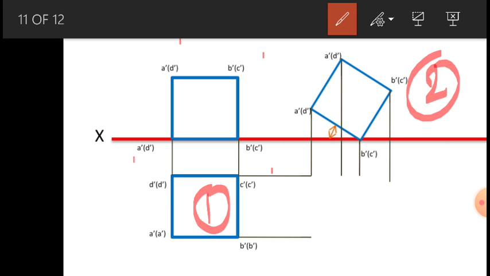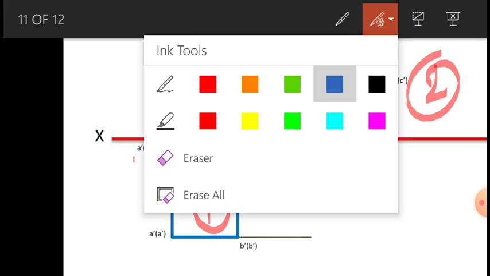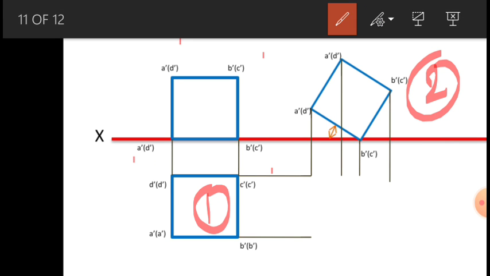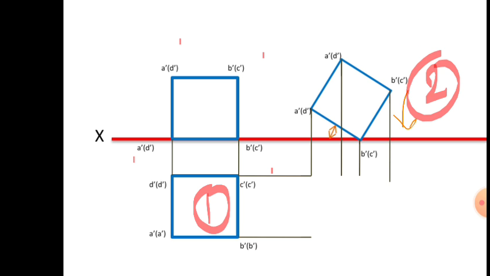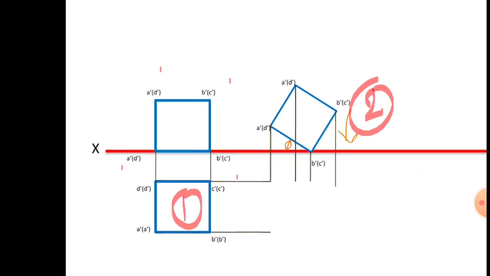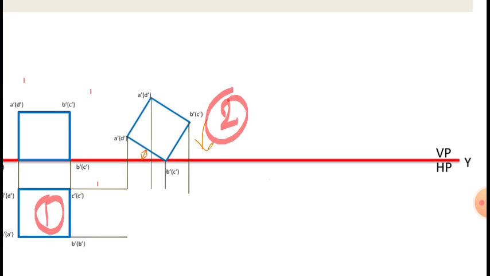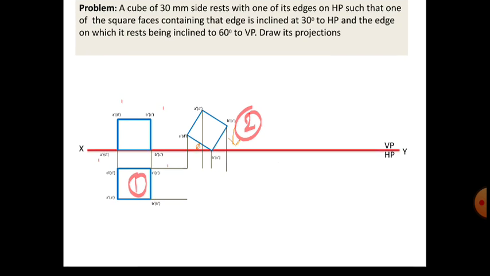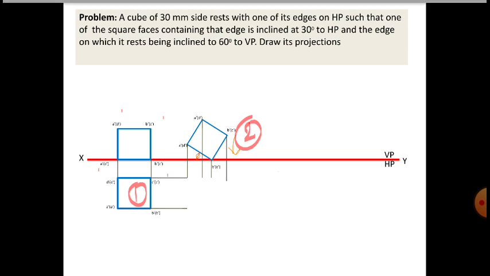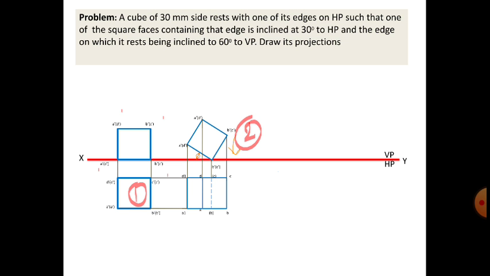Once we get the projections from these two objects, 1 and 2, we will get the object like this.